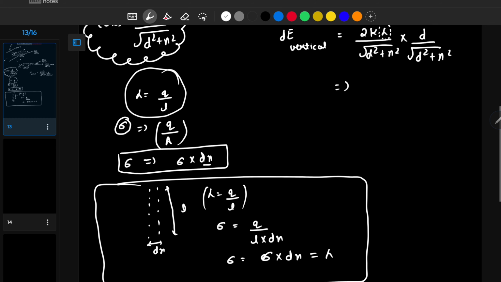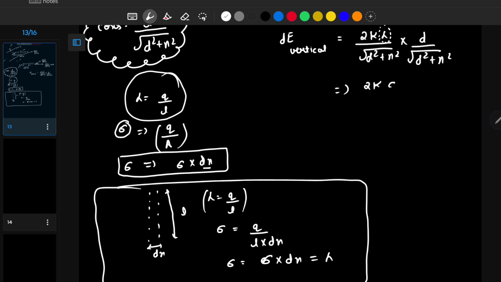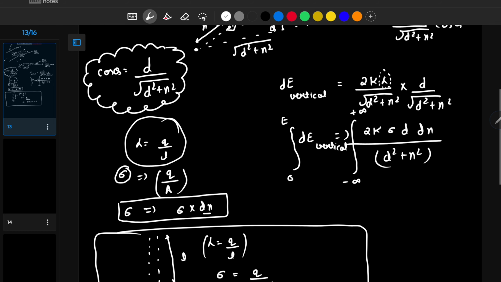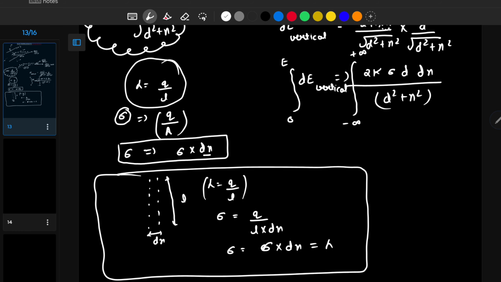So it would be 2kσ d dx over d square plus x square, the vertical component. We are going to integrate it from minus infinity to plus infinity. Okay, what are we going to take x as?